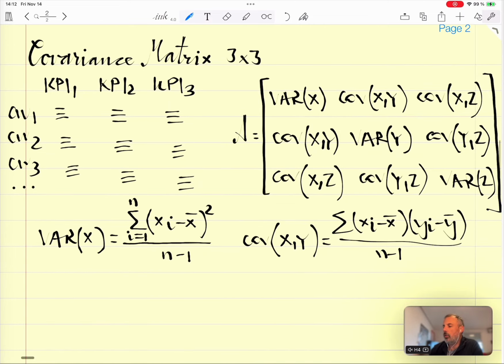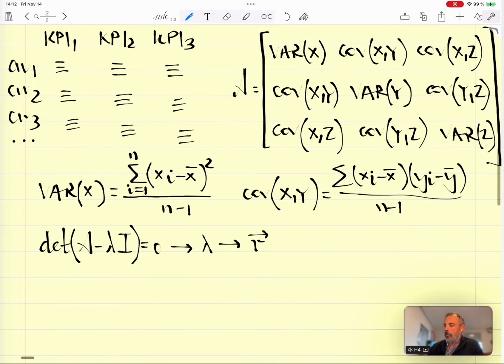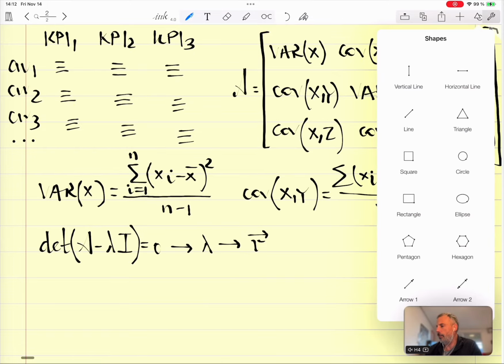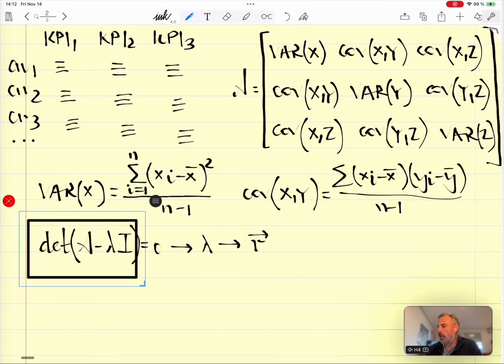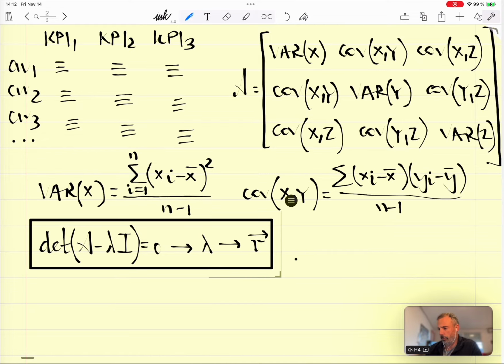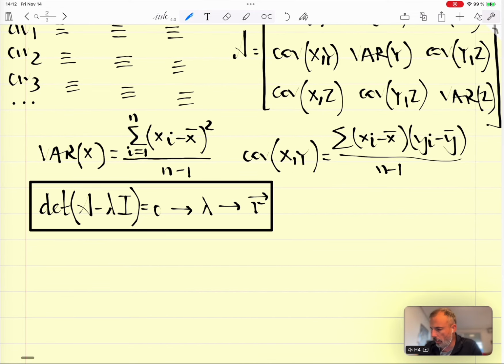The eigenvectors, by the way, are calculated by, or the eigenvalues first, calculated like this, and once we have the eigenvalues, we go and solve for the eigenvectors. And these eigenvectors form the principal components. Okay? But this is just theory. Let's make an example with numbers that you can chunk and visualize.